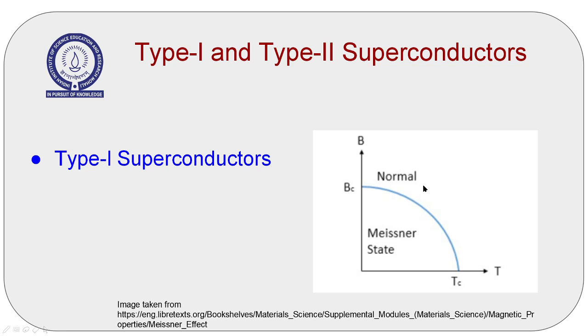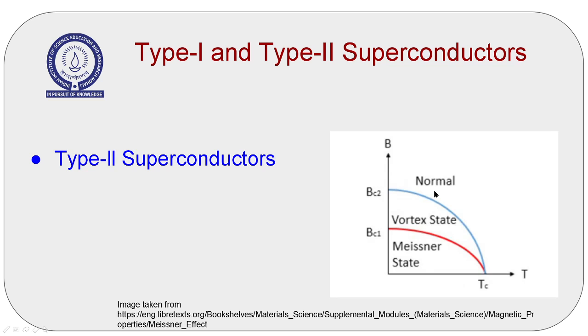But for type 2 superconductors, there exist two critical magnetic fields. Below the first critical magnetic field, superconductors follow the Meissner effect and expel the magnetic field lines, but in between the first and second critical magnetic fields, superconductors form vortices or magnetic flux tubes and allow the passage of the magnetic field through the quantized flux tubes.